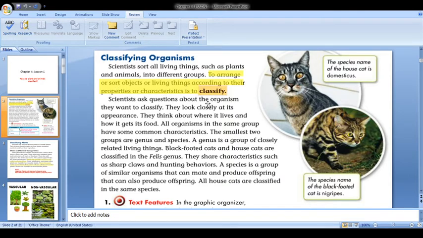So if you remember, we did the activity in which I asked you to classify your toys. Some people had LOL, some people had Barbie, and some people had big stuffed toys and small stuffed toys. So what we did, we put all the stuffed toys in one group. We put Barbies in one group because they have the same qualities, right? All the Barbies look somehow the same. Their dresses are different.